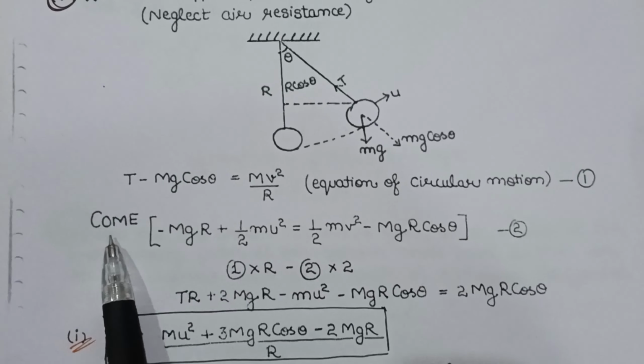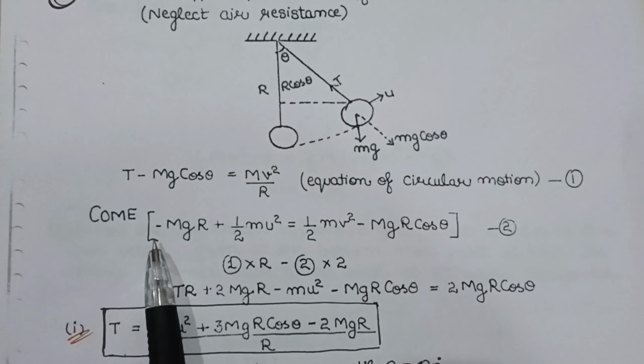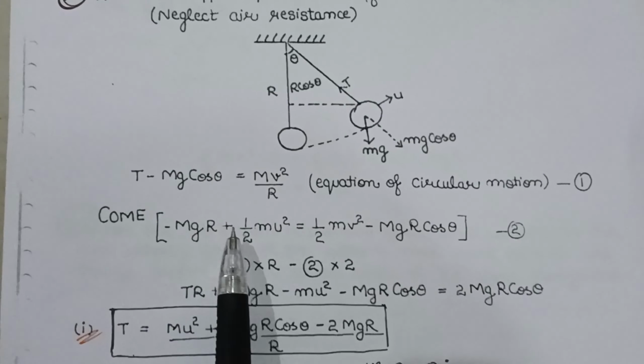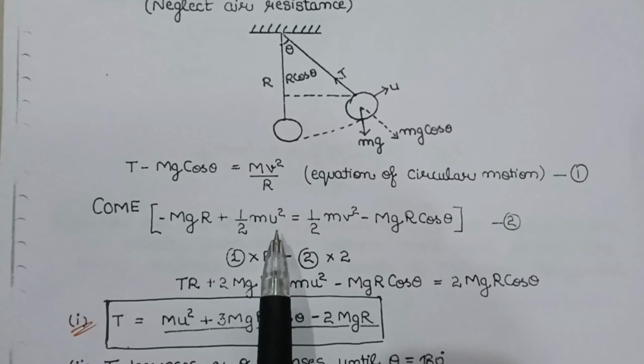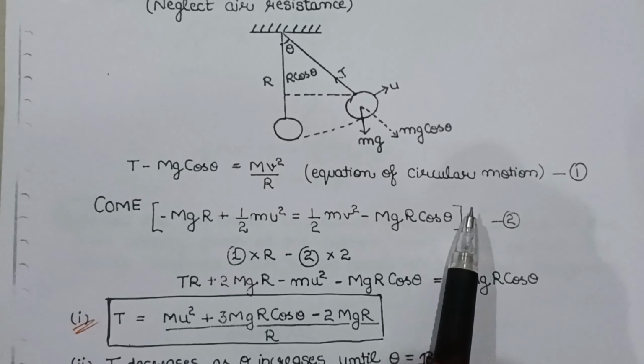From the law of conservation of mechanical energy, we can write this equation: minus mgr plus half of mu square is equal to half of mv square minus mgr cos theta.